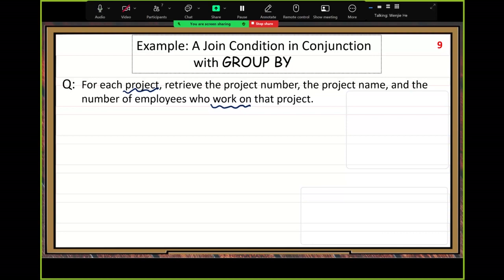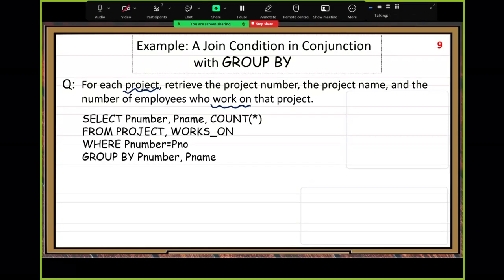Here we just use the ESSN attribute in the works_on table to represent employees. So two tables: the project table and the works_on table. Select P number, comma, P name, then apply the count function for the number of employees who work on that project.